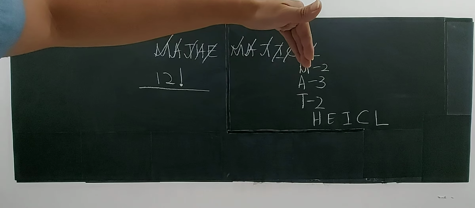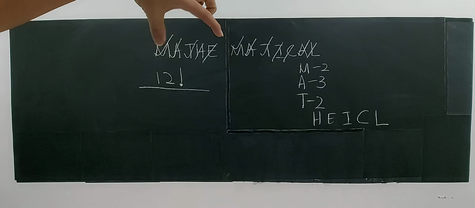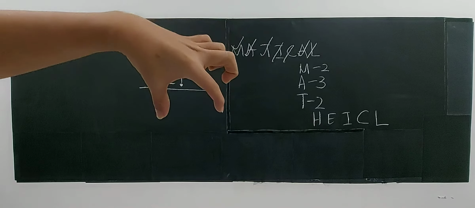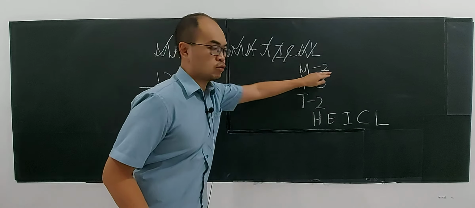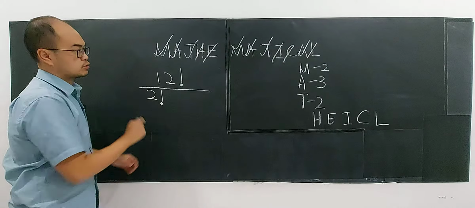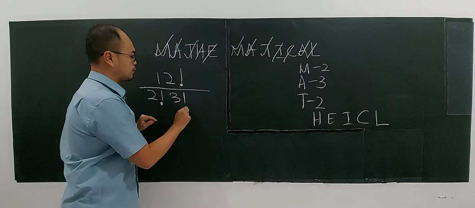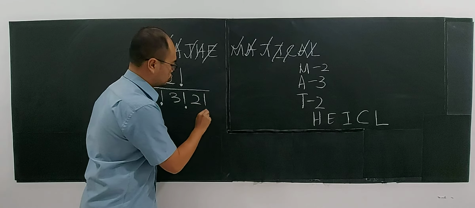There are 2 M's in mathematics, 3 A's and 2 T's. So I should divide by 2 factorial for M, because you have 2 M's. For A, you have 3 A's, so divide by 3 factorial. And for T, you have 2 factorial.